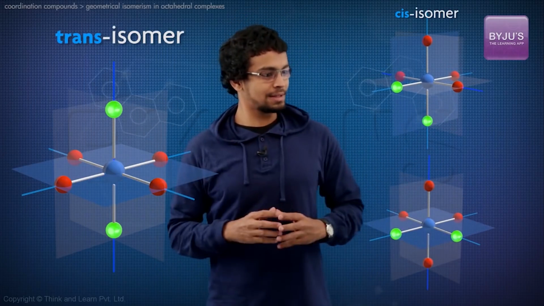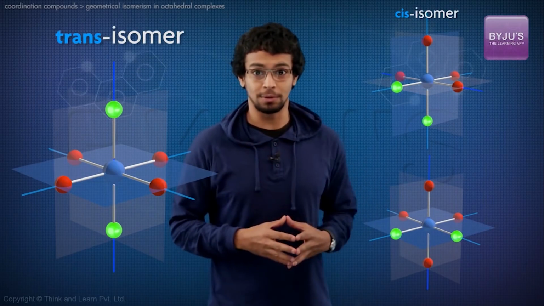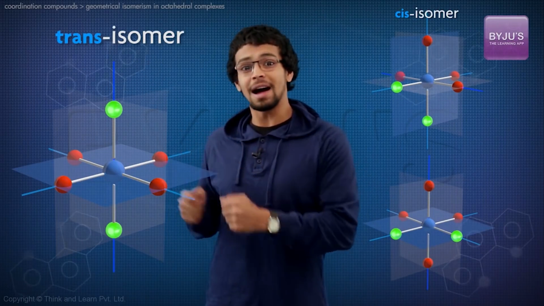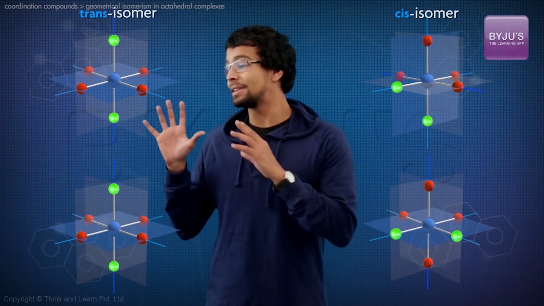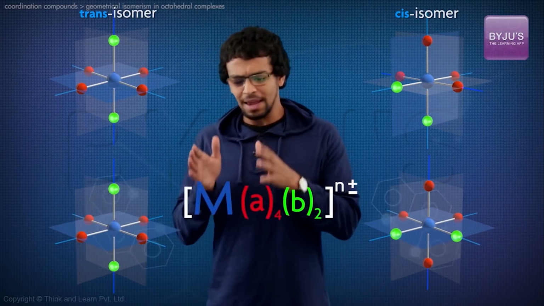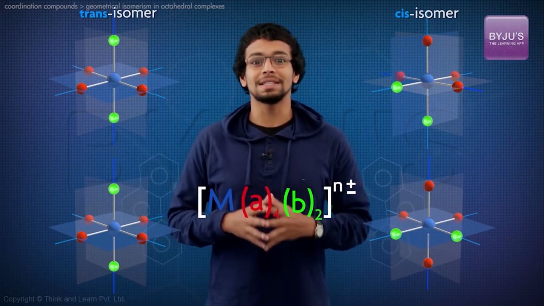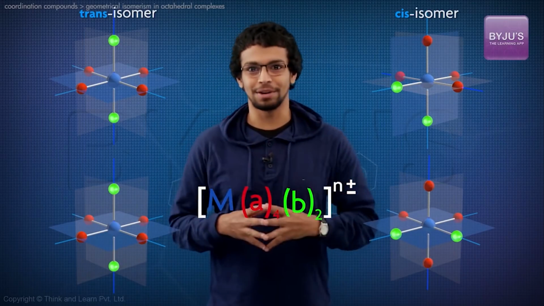Both these arrangements are cis isomers. There is no difference between the two. Likewise, I could think of trans as well in 2 different configurations here, both of which are the same. So in a nutshell, for an MA4B2 configuration, we just have one possible trans configuration and one possible cis configuration.